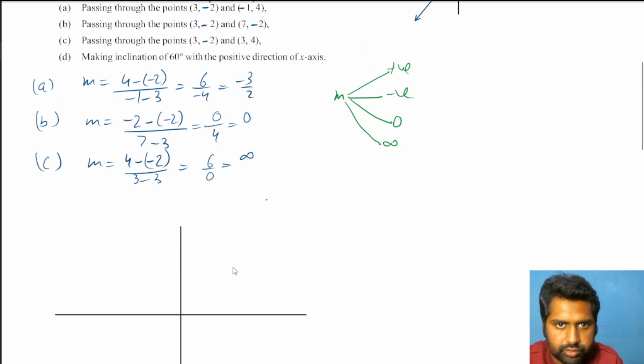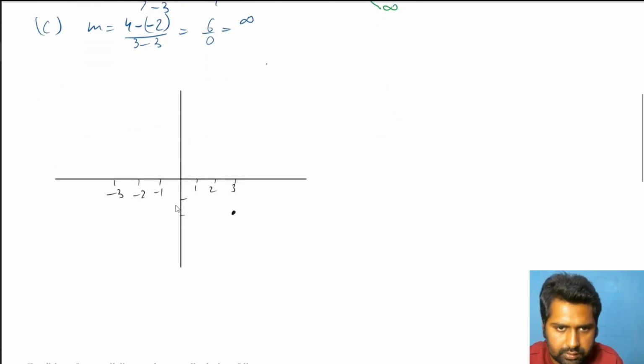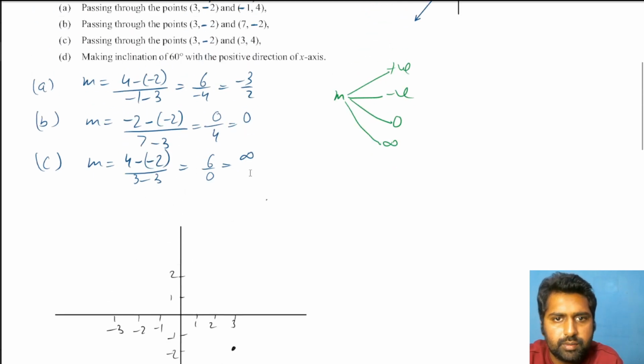The coordinates were 3, -2, so I'm approximately plotting them. 1, 2, 3, -2. And -1, 4, -1 will be here, 1, 2, 3, and -1, -2, -3. So 3, -2 is plotted.